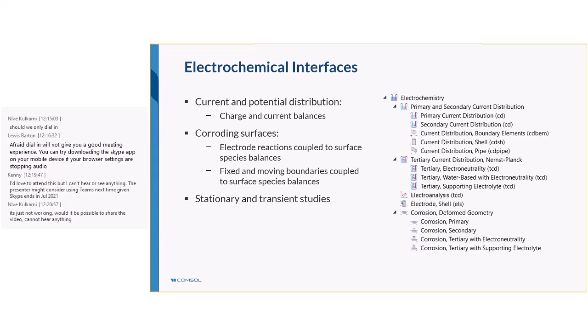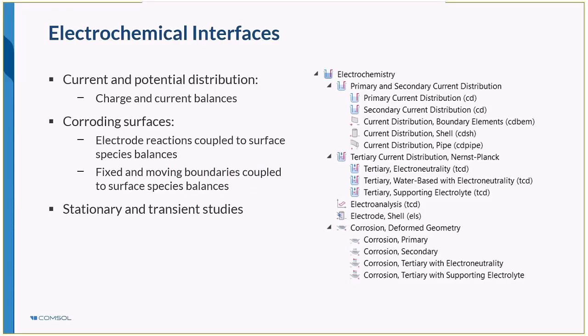The secondary current distribution interface allows for the incorporation of electrokinetics, and the tertiary current distribution interface further extends this capability by adding in the modeling of the ion transport in the system. This is particularly important in smaller scale corrosion simulations. So if we're looking at crevice corrosion, we might be interested in the pH and concentration changes within the crevice.